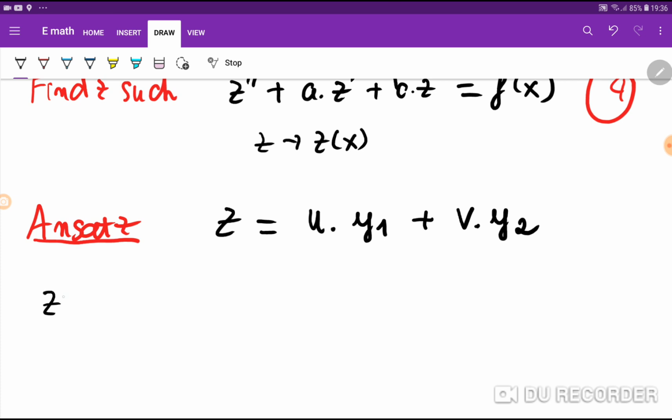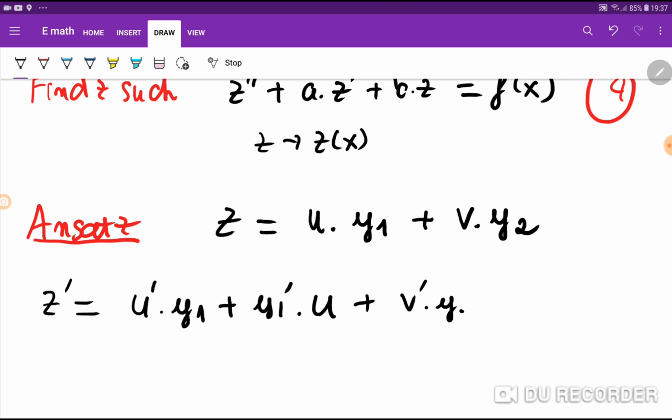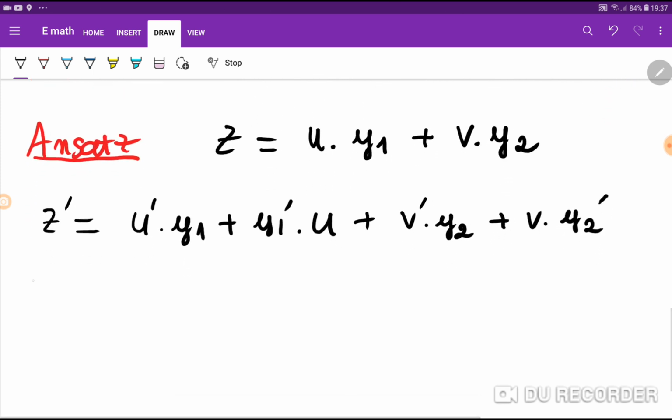So what is z'? According to the chain rule, z' is u' y1 + u y1' + v' y2 + v y2'. Now z'' is kind of insane. z'' equals this term first: u'' y1.